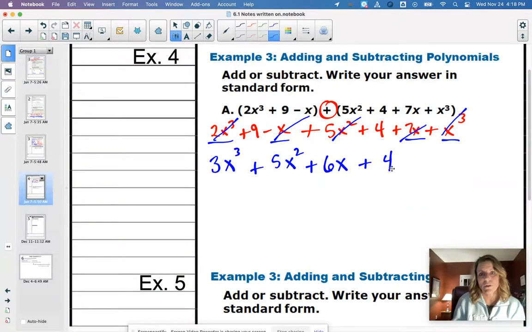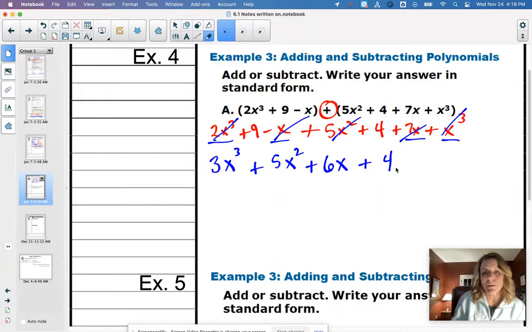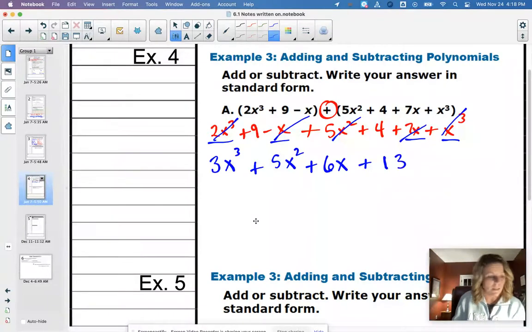Plus 4. Oh, wait a minute, though. Not plus 4. 9. I forgot about the 9. 9 plus 4 is 13. And there we go. We have our polynomial after we added these 2 polynomials together. Okay, let's name this polynomial. There are 4 terms, and the degree is 3, and we have 4 terms.